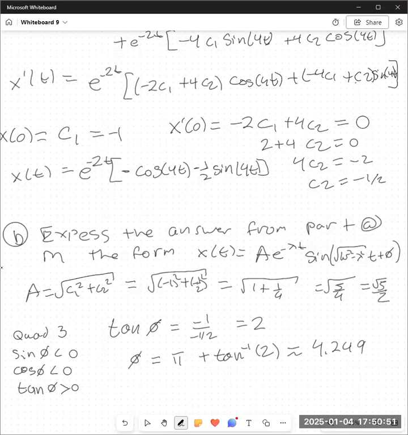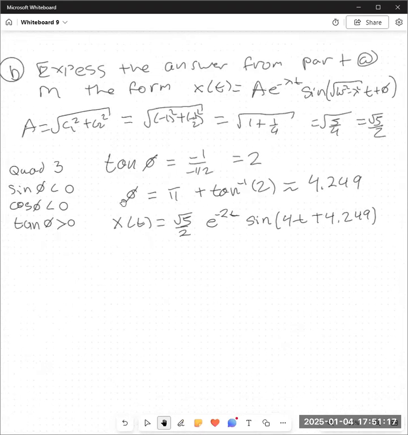And that means that x of t is going to be equal to √5/2 for A, e to the -2t. Lambda hasn't changed. Sine of omega hasn't changed. 4t. And then this is plus 4.249.